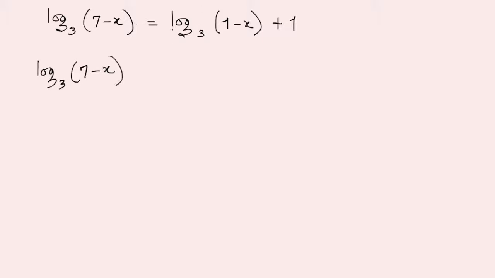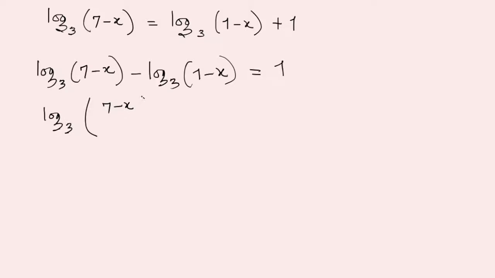If we bring this over here, we have log to the base 3 of 7 minus x minus log to the base 3 of 1 minus x equals 1. So we can combine these two to give log to the base 3 of 7 minus x. There's a negative sign, so it goes to the denominator, 1 minus x. And this is equal to 1.